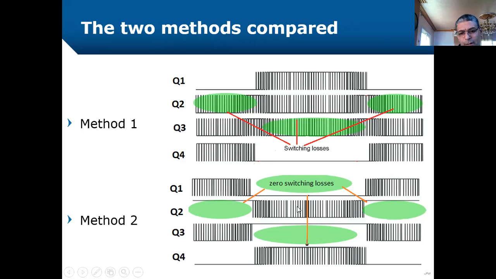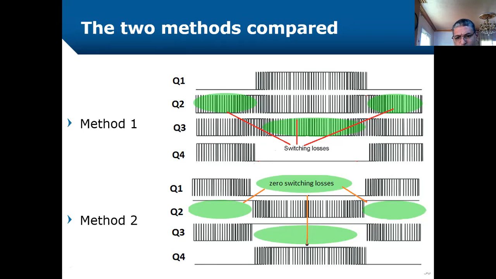But look, in the other case, we maintain the switch on the whole period. So of Q2 and Q3, the only one which modulates, which will apply the zero voltage, is Q3. Q2 is on the whole time. Here also it is on the whole time, so Q3 will give the zero voltage for this period. These are the switching cases also for Q1.